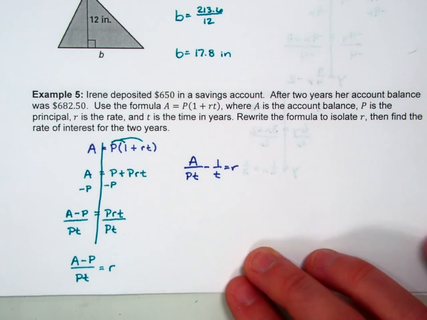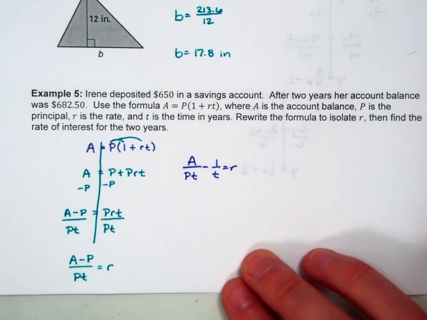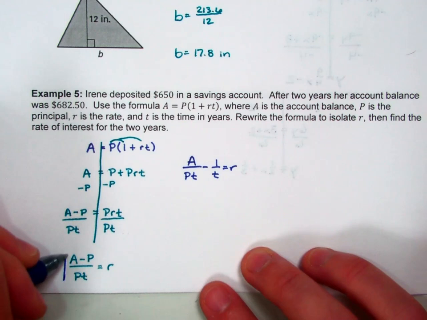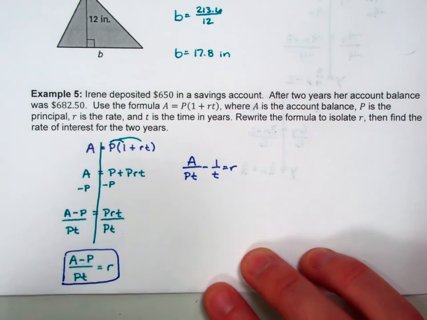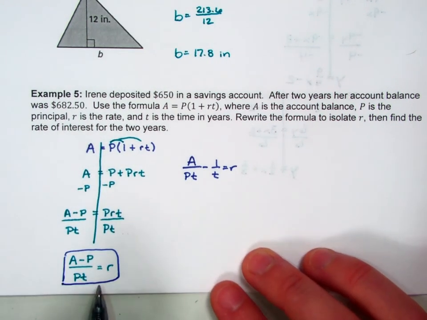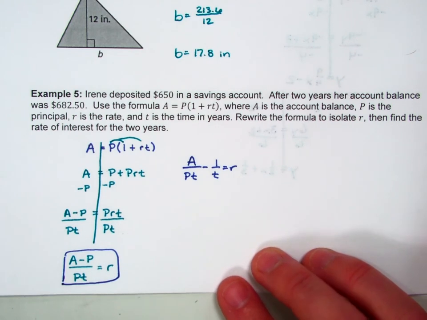Now, the last thing it asked you to do is find the interest rate for 2 years. Again, we're going to use this equation right here. So they already gave you the A, they already gave you the P, and they already gave you the time as 2 years. Find R.